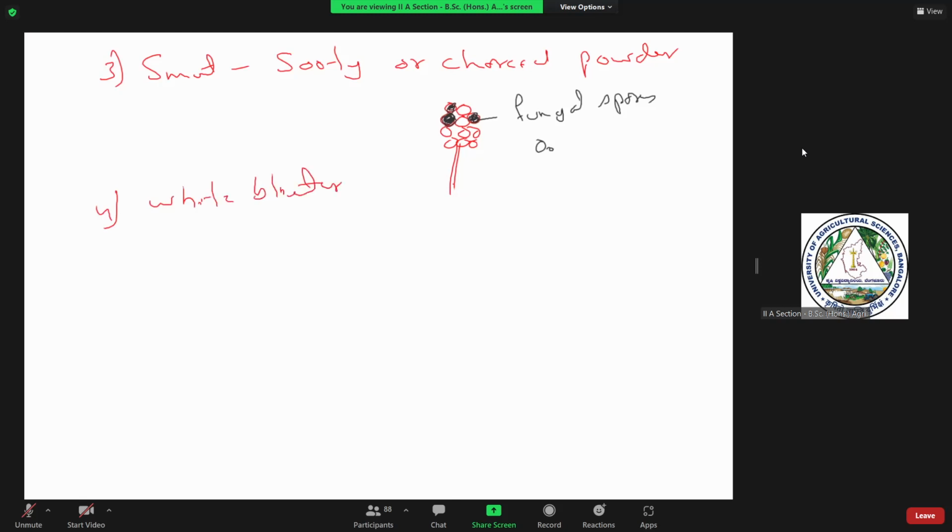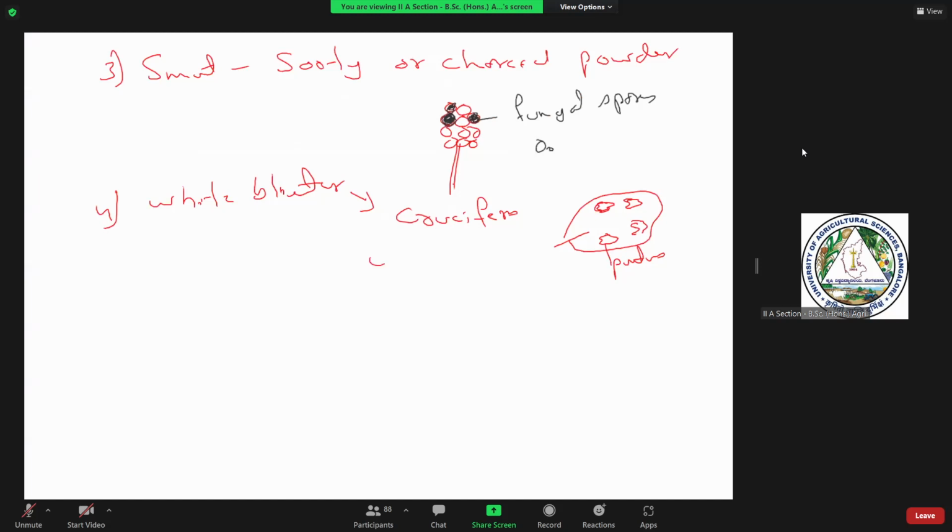The white blisters are often seen in case of one particular crop, the crucifers, where the cruciferous plant consists of numerous white blisters, which are again like rust pustules. And when they come out, they expose a white powdery mass of spores.